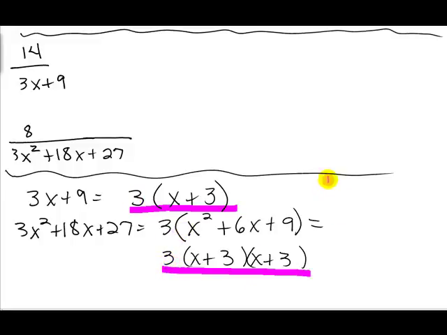So that means my LCD will have a 3. I have x plus 3, but I have it here twice. So we'll pick up these. So x plus 3, x plus 3. Okay?